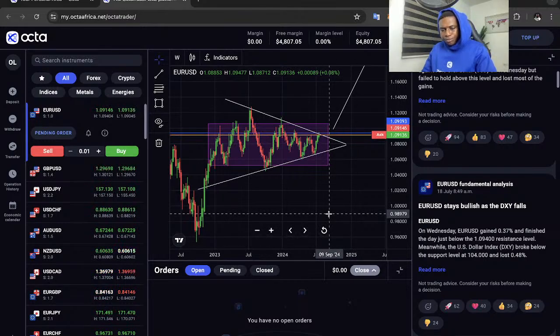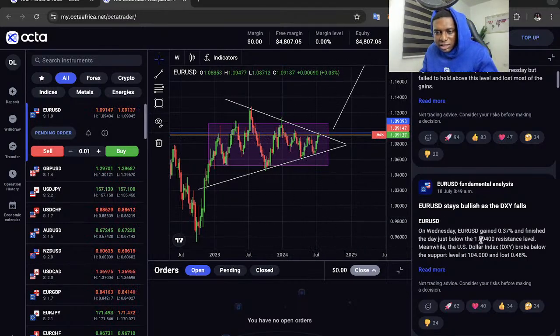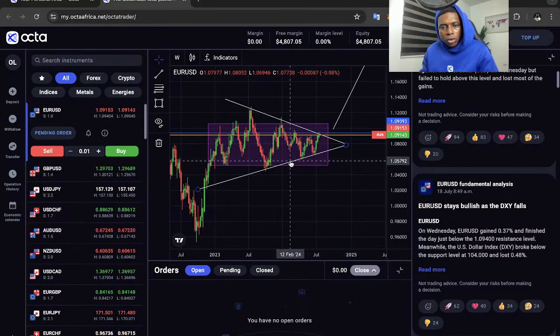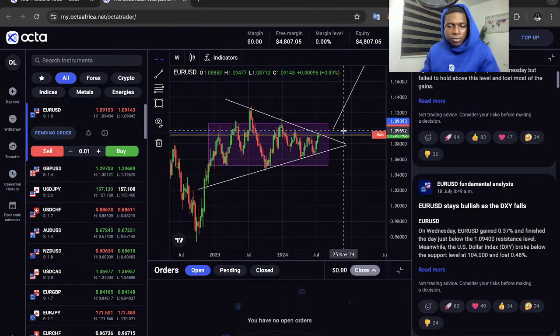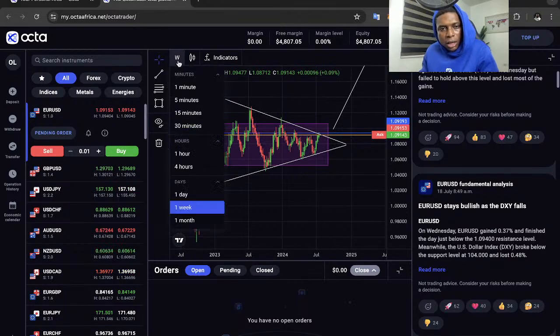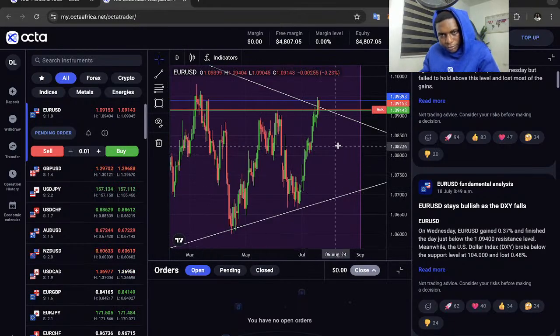So you can see that this is also giving us insight into what we're talking about here, the bullish momentum coming in on Euro USD. All right, now let's look at this from the daily time frame.